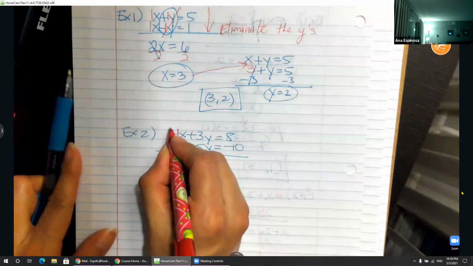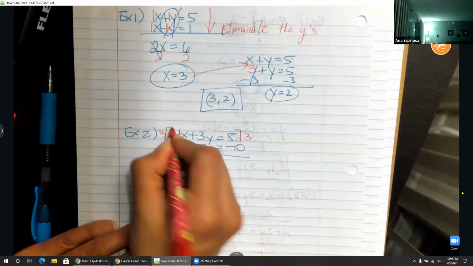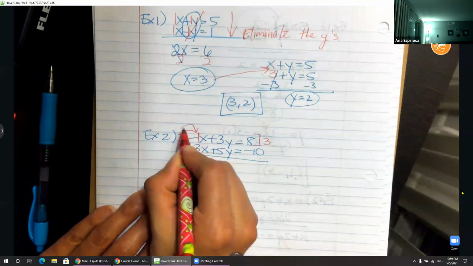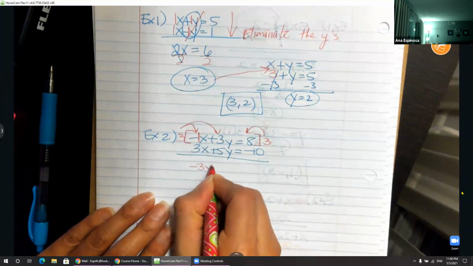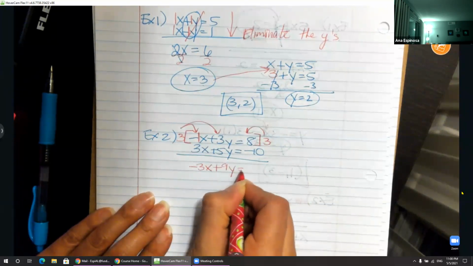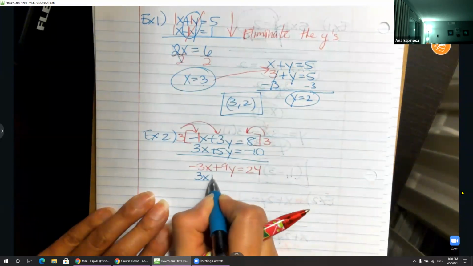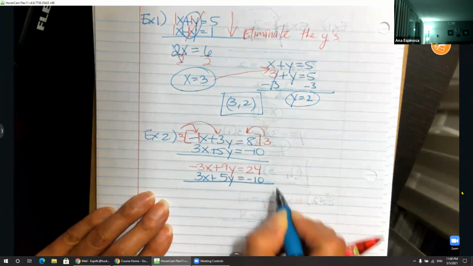So it'd be much easier for me to take this equation and multiply it by 3. Make sure you do it to both sides. Once you do that, that's the top one. You'll be almost ready to cancel. Look at that.